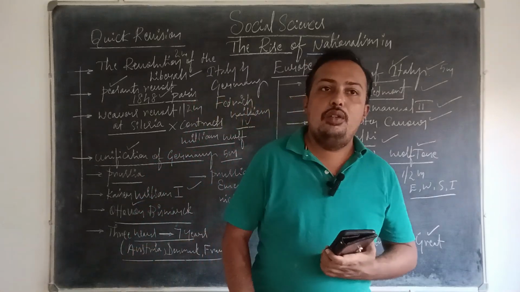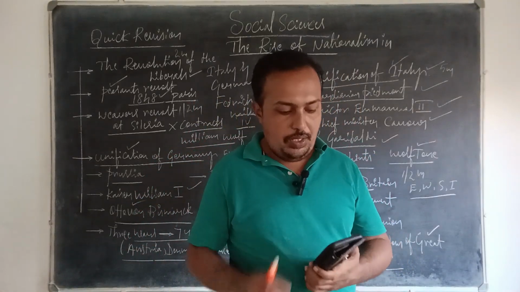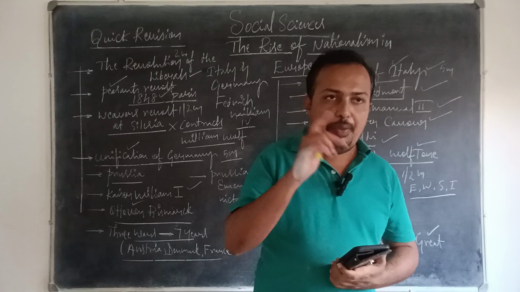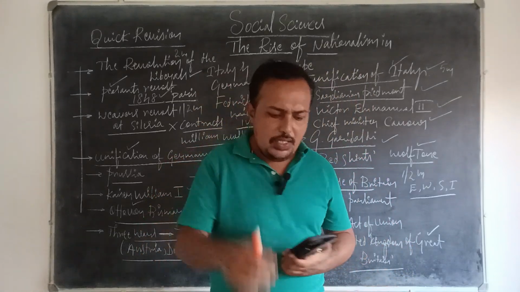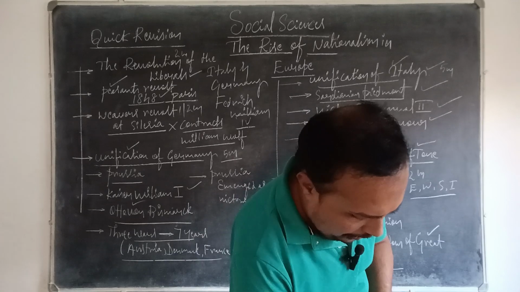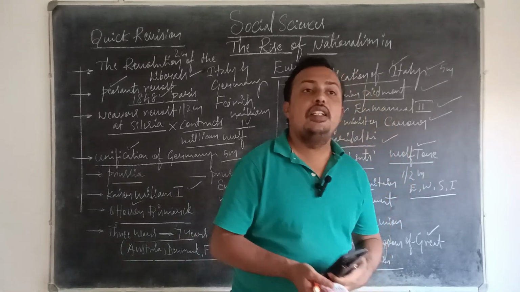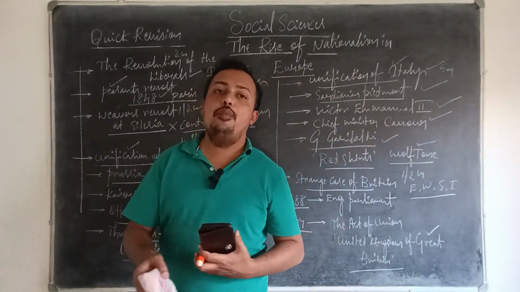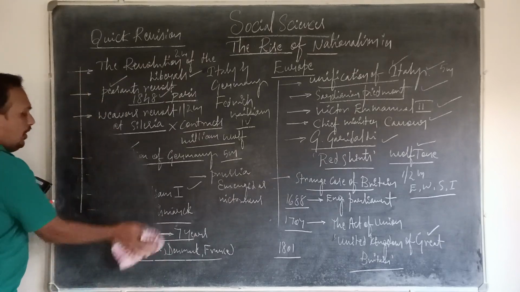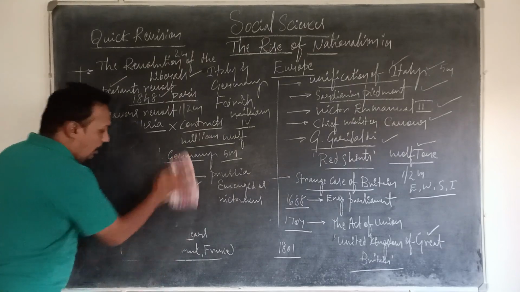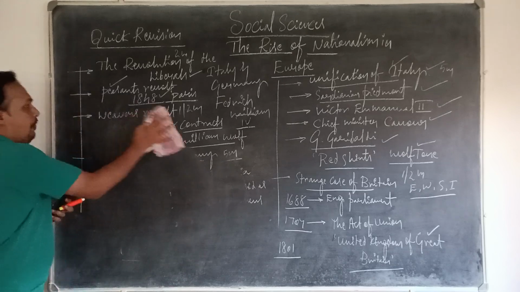At last, to conclude the chapter, two more topics are remaining. One is related to visualizing the nation through pictures, which comes under picture study. Two important images are there in your textbook: one is Marianne and another one is Germania.